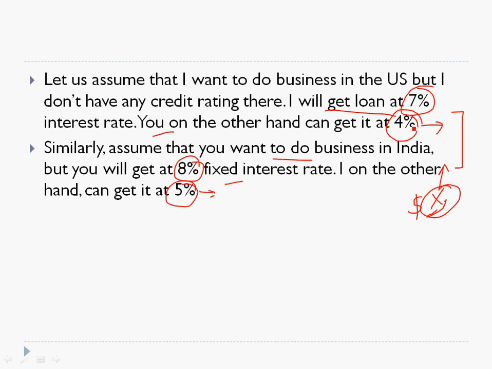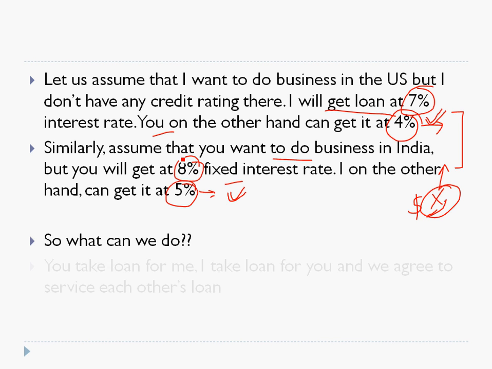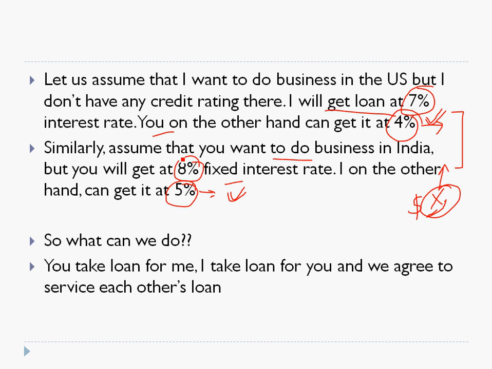The net resultant would be I would be getting money at 4%, you would be getting money at 5%, right? So both of us are better off than the previous scenario. So you would take loan for me, I would take loan for you, and we both agree to service each other's loan. So this is basic swap, right? Nothing more than that.